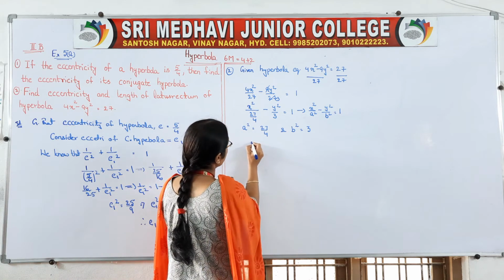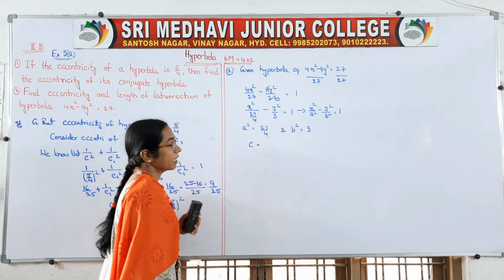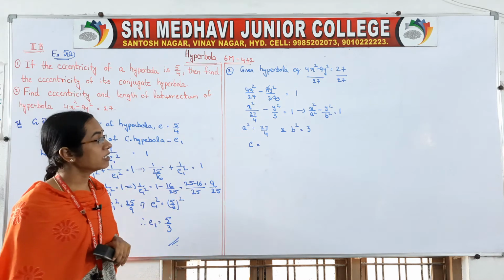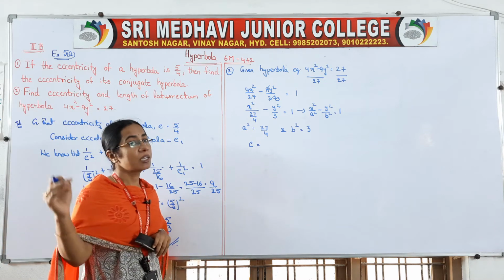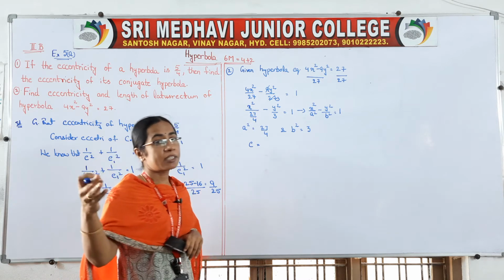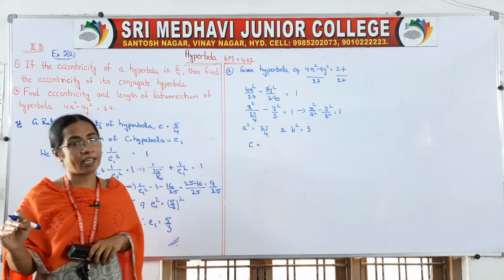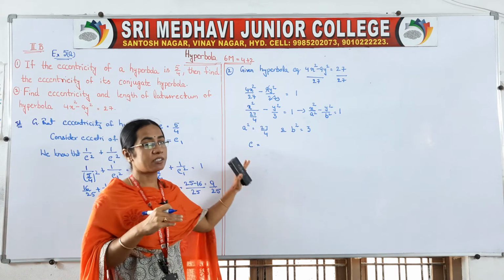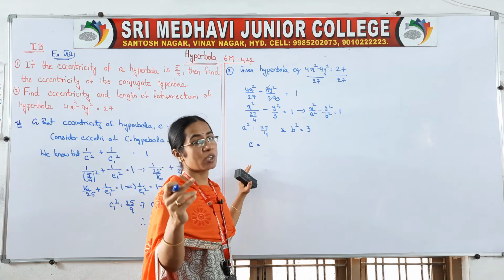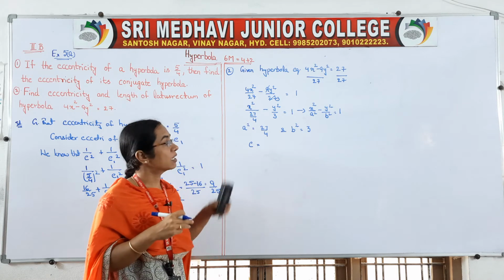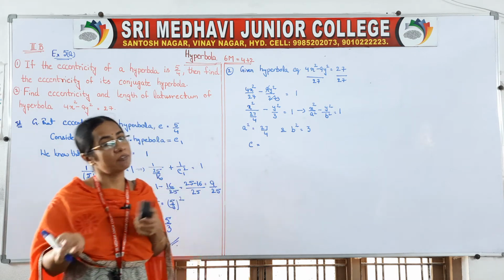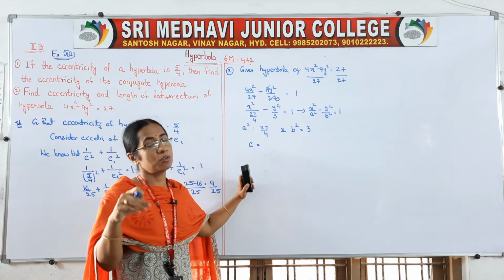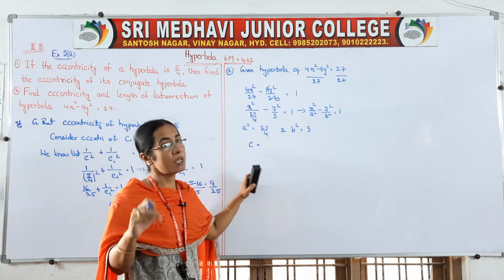So what is the formula for eccentricity? Eccentricity depends on whether a is greater than b or a is less than b. If a is greater than b, eccentricity is root of a square plus b square by a square. And if a is less than b, the value is root of a square plus b square by b square.